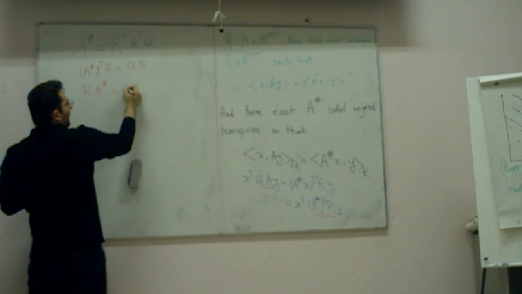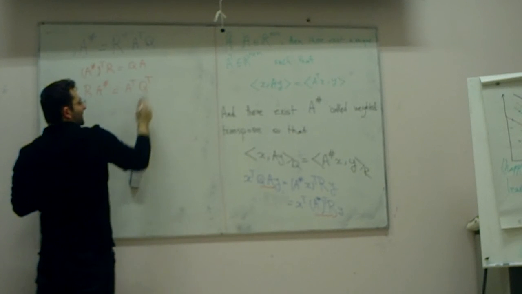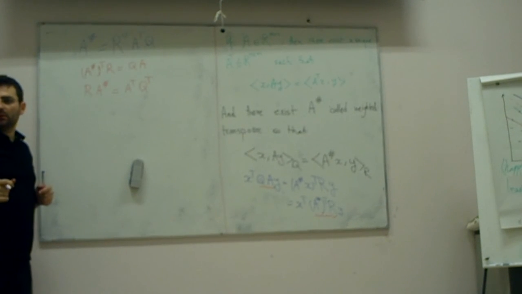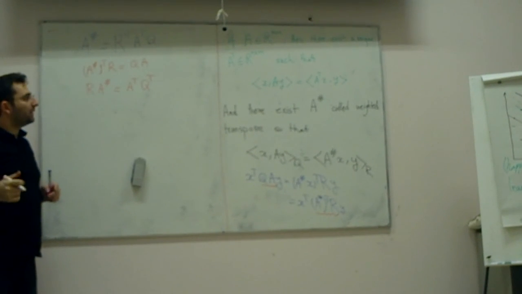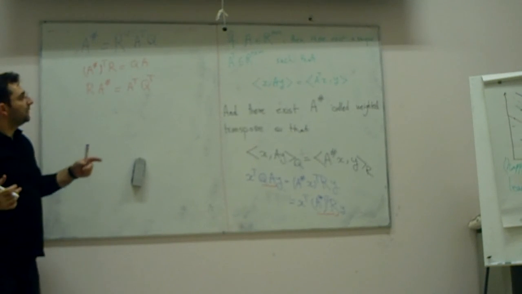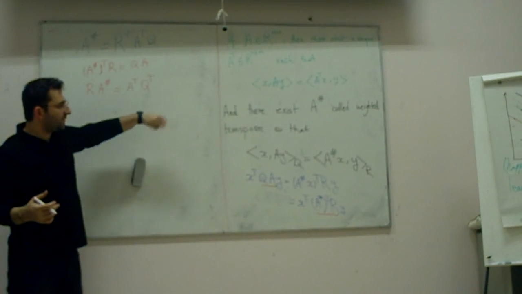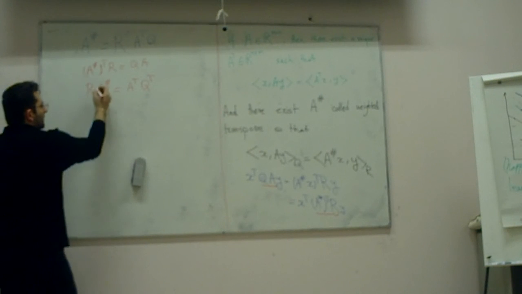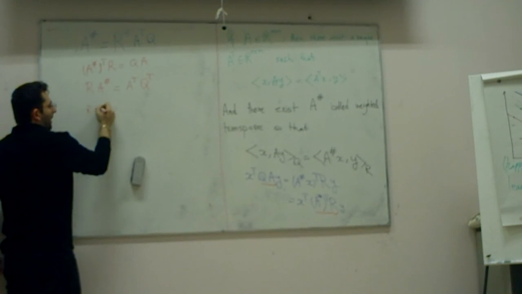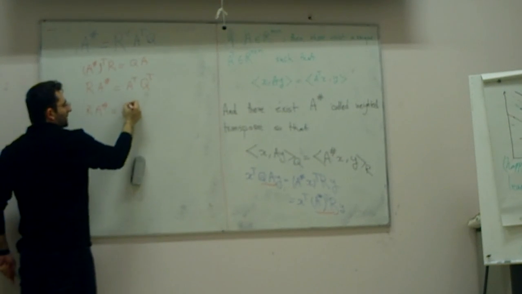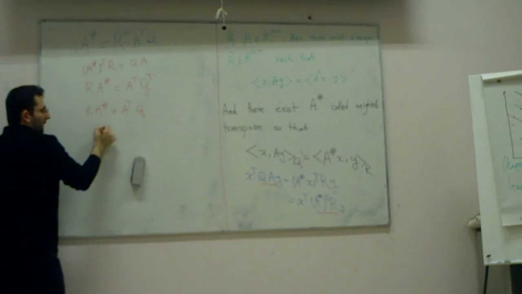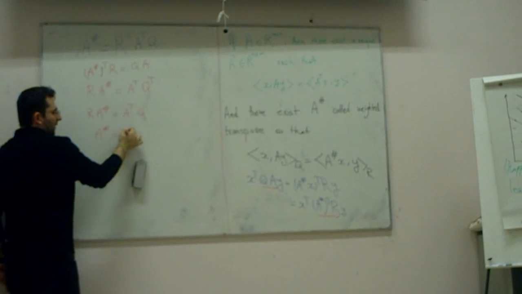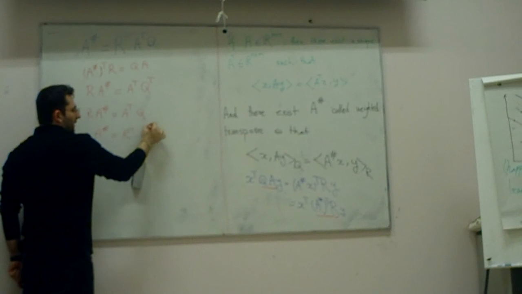I get A transpose Q transpose. What is Q transpose? Q transpose is Q itself. So it will be R A hash is equal to A transpose Q. So A hash is R inverse A transpose Q.